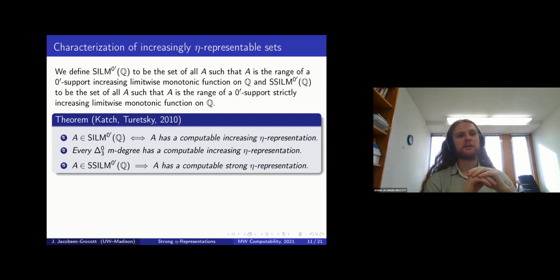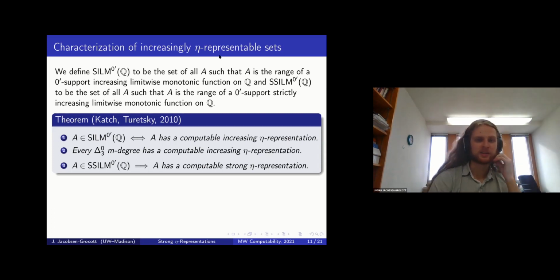Notably, A is a member of SΣ^0' Q if and only if A has a computable increasing Ada representation. They were also able to show that every Δ^0_3 m-degree contains a computable increasing Ada representation. So not every Δ^0_3 set, but every Δ^0_3 m-degree does.